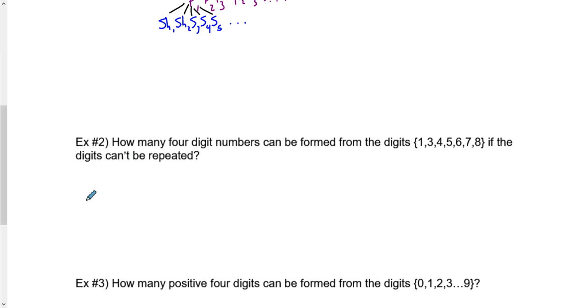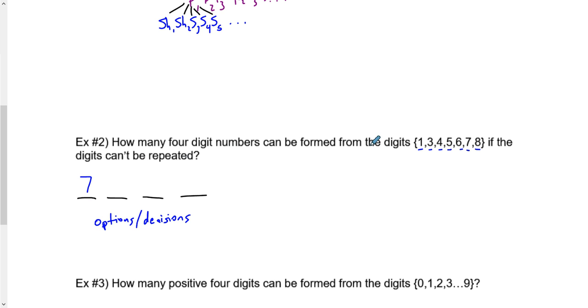If we have a 4-digit number, how many options does he have for the first digit? Well, you can count 1, 2, 3, 4, 5, 6, 7. We have 7 options to choose from for our first digit.